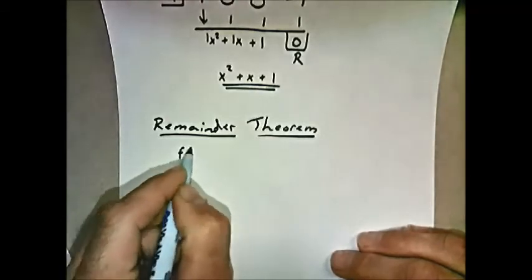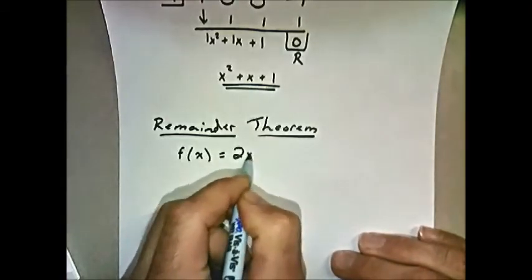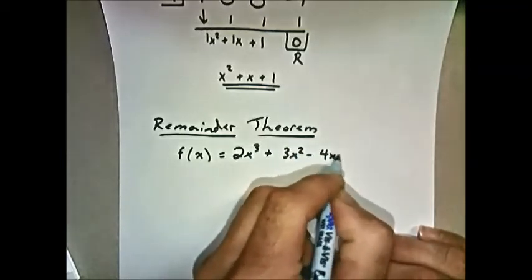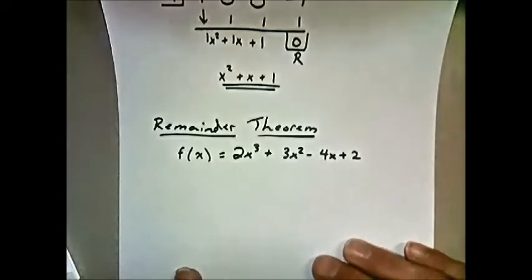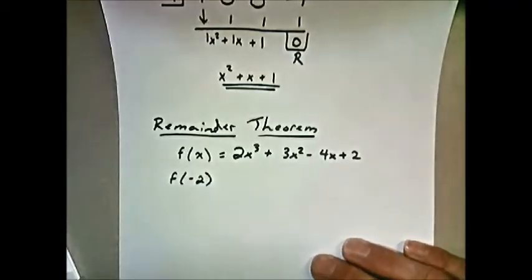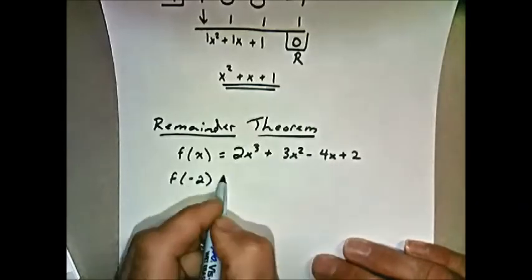Let's say I give you the function f of x equals 2x to the third plus 3x squared minus 4x plus 2. And I were to ask you to find f of negative 2.